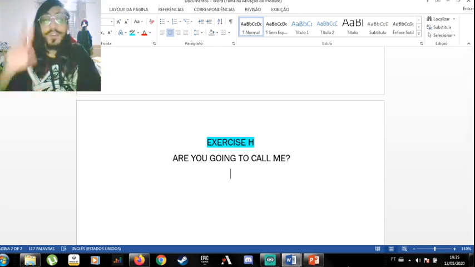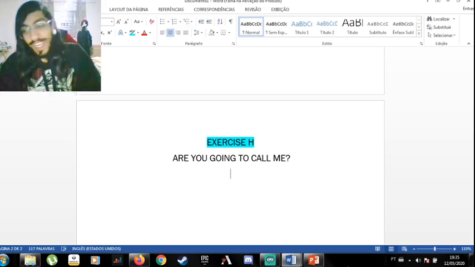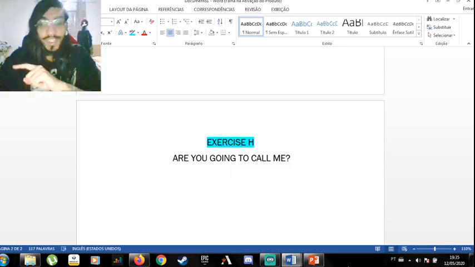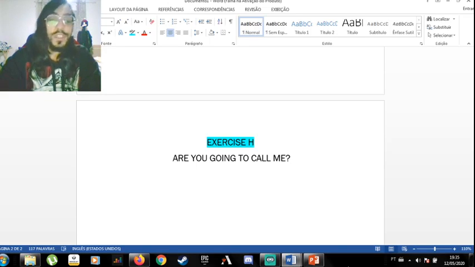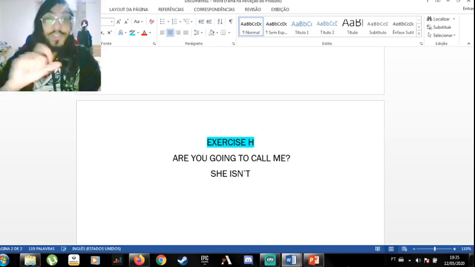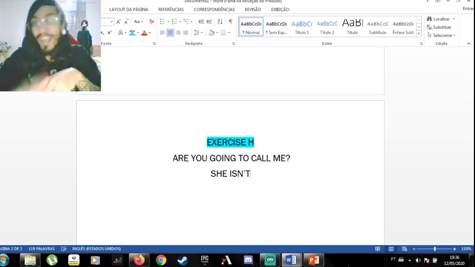Students, the second sentence, ela não vai lá. In Portuguese, how can we say it in English? How can we pass this sentence to the English language? So, ela não vai lá. We have to use she isn't, because it's a negative situation. Ela não vai lá, não vai ir lá.